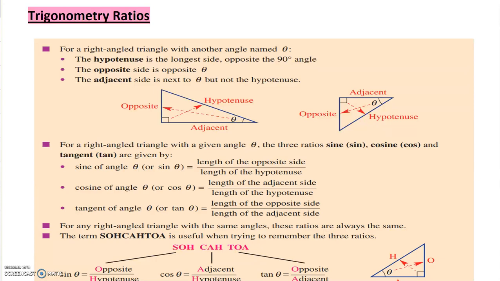As we know, theta is just a Greek alphabet letter, but it is used to represent angles. Any side that is across from the theta is the opposite side. Any side that is right next to the theta is the adjacent, and the longest side of the triangle, the one right opposite the right angle, is the hypotenuse.